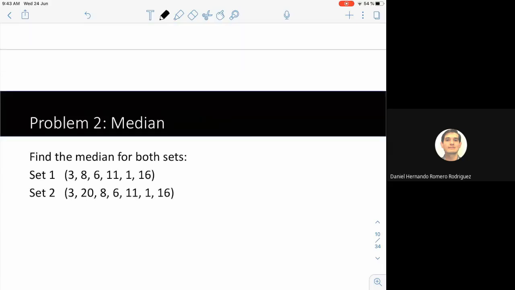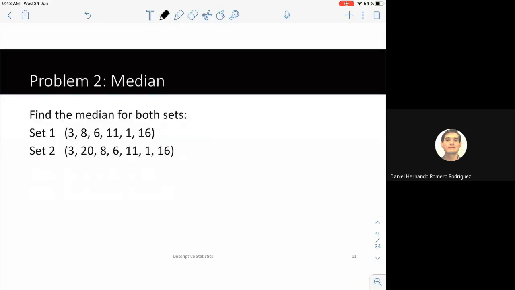So let's now practice both cases. In the first set, let's check how many numbers: 1, 2, 3, 4, 5, 6. That's an even number, n equal to 6. In the second one, we have 1, 2, 3, 4, 5, 6, 7, n equal to 7.